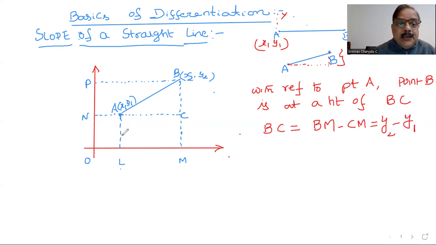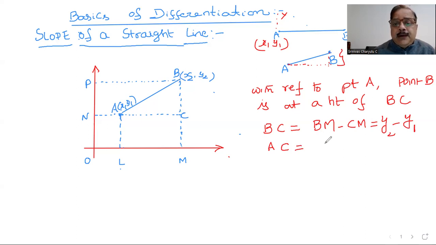So your y2 minus CM will become y1. It is equal to the AL. AL height is nothing but the y1. It is parallel to CM, therefore you can write BM minus CM is equal to y2 minus y1. Then what is the horizontal distance between A and C? AC is the projection of AB on this.